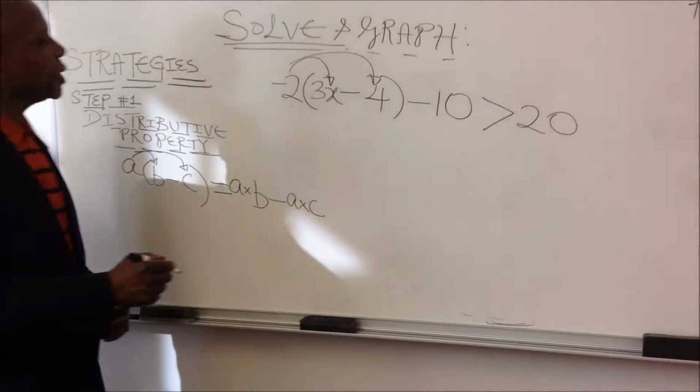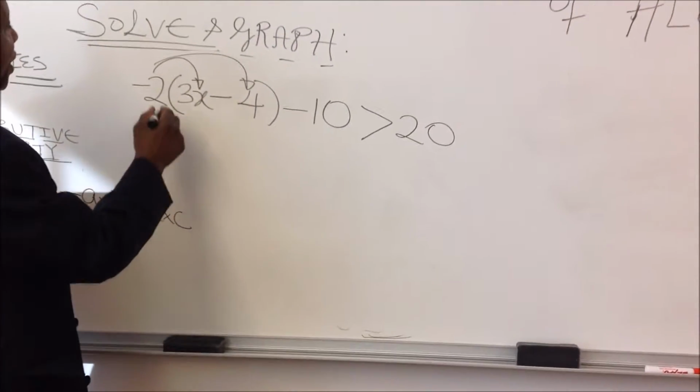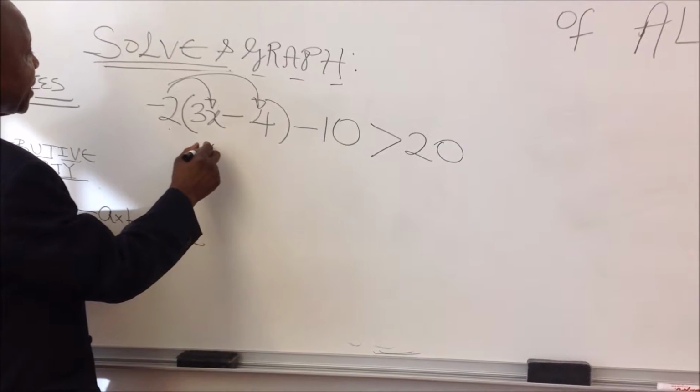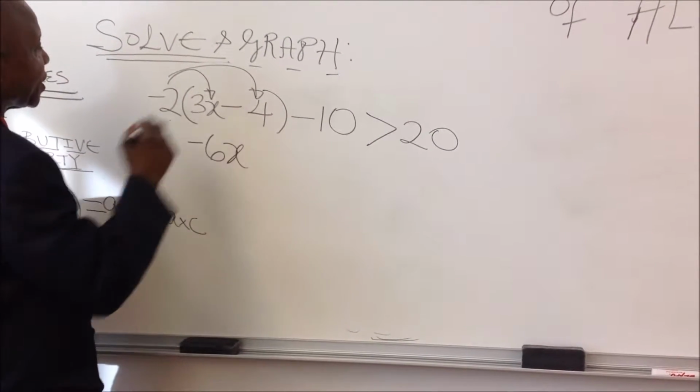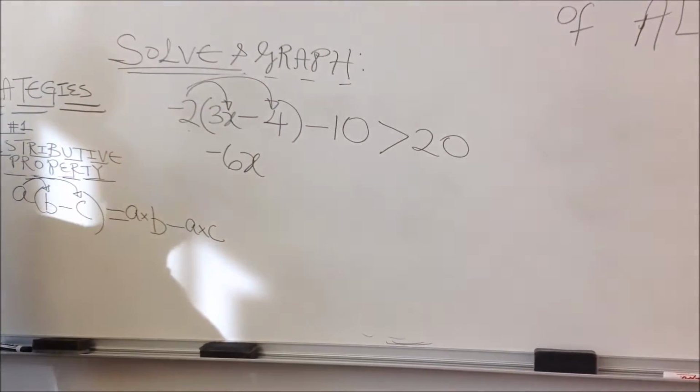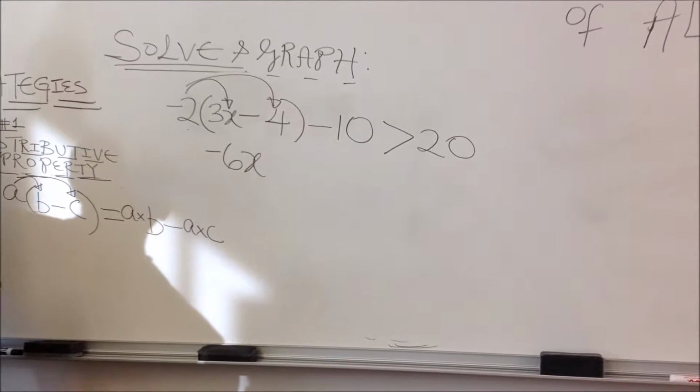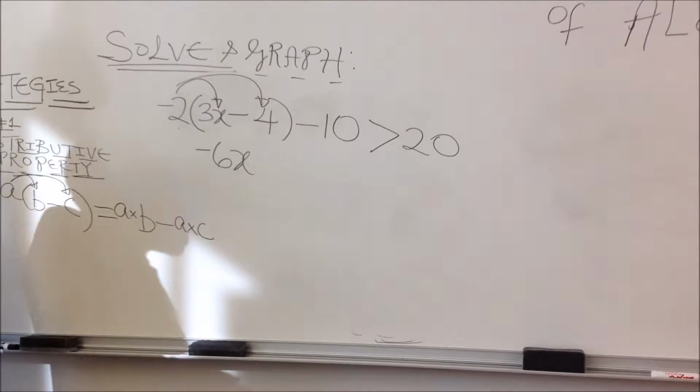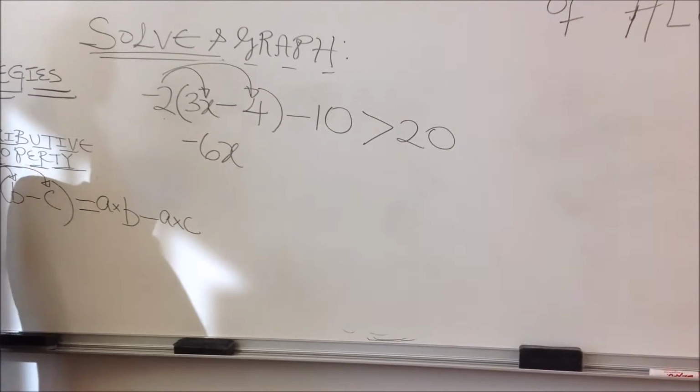So what is negative 2 times 3x? That will give us negative 6x.